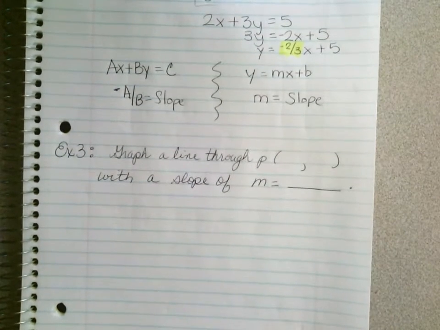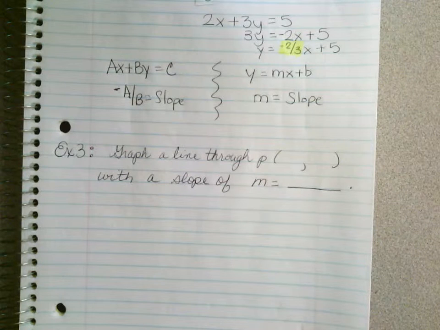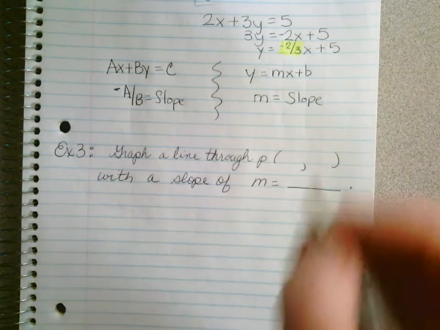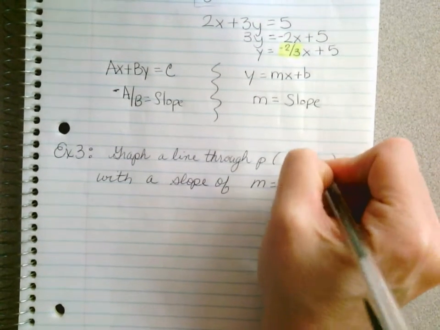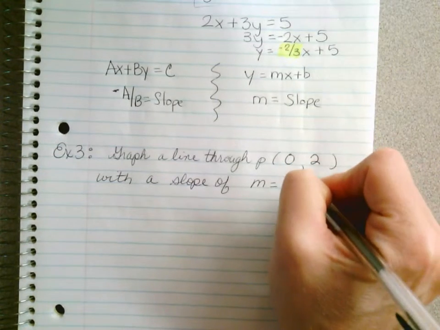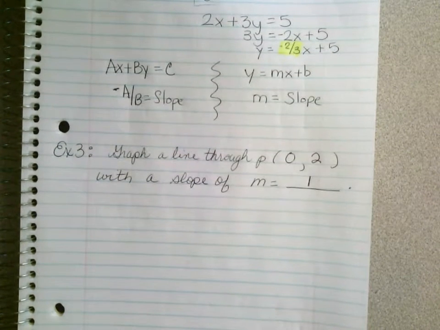Okay, I'm going to give you the details I want. They actually didn't give me an extra example, so I'm going to find one real quick. Okay. Point 0, 2 having a slope of 1. Okay, how do we do this?